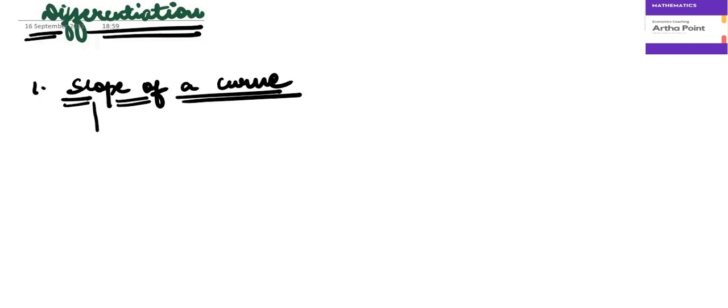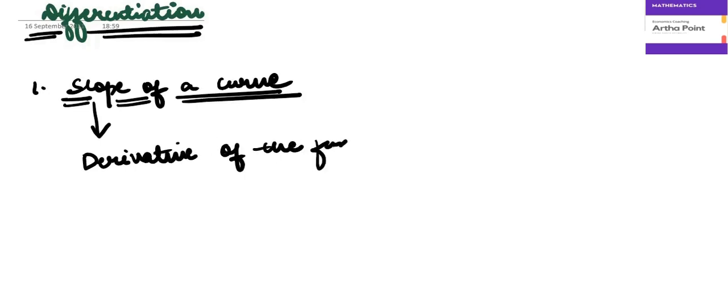Now, to find the slope of any curve, not only a line, but any curve, we are usually interested in finding the derivative of the function at that point.